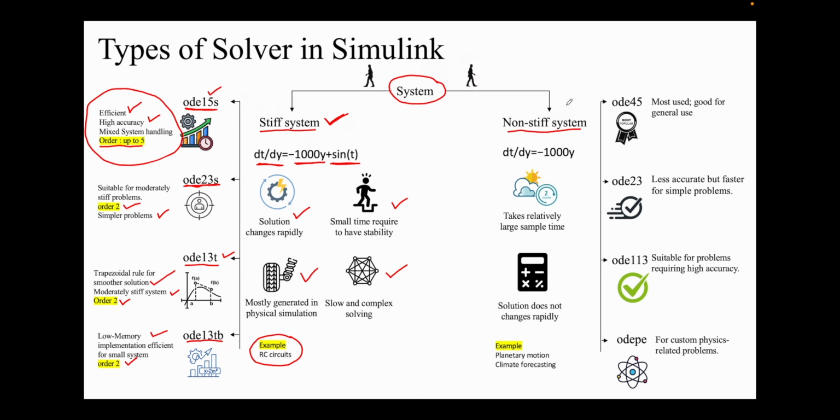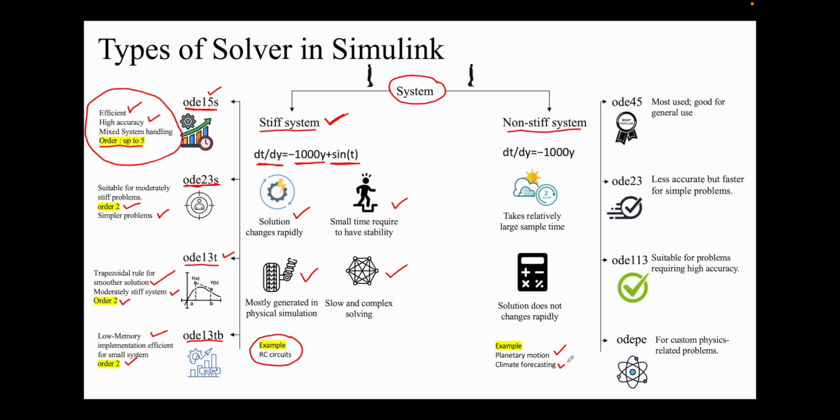Now coming to the non-stiff system. Here the solution does not change very rapidly. You can take an example of planetary motion. If you want to estimate the planetary motion, then the model will be very simple, and it will take a lot of time for a larger variation, and you can deal with it using a non-stiff solver and solve it very efficiently.